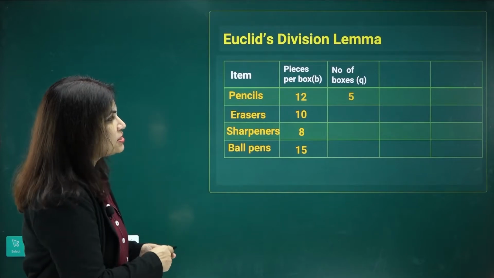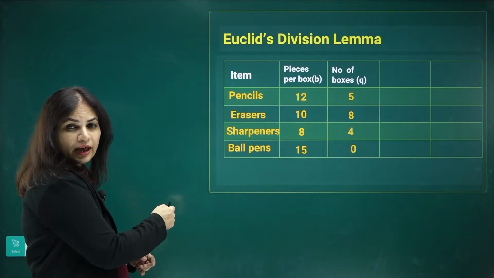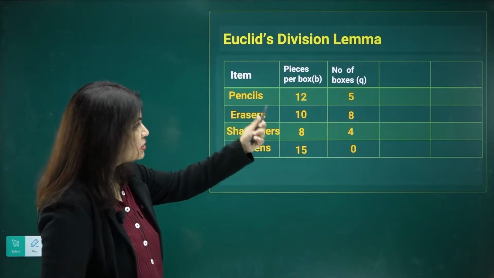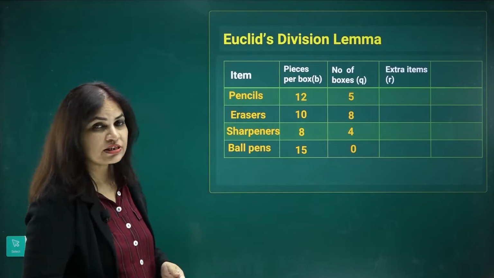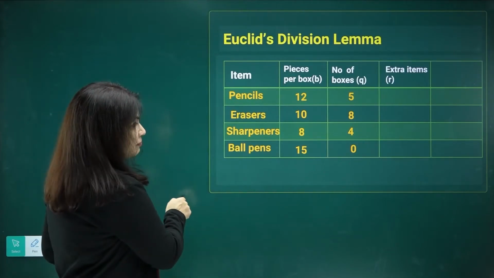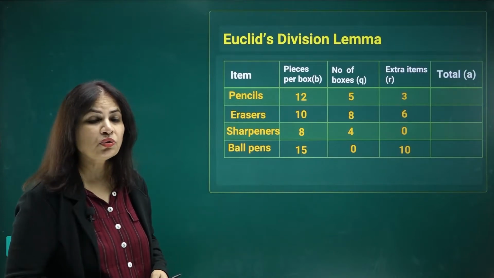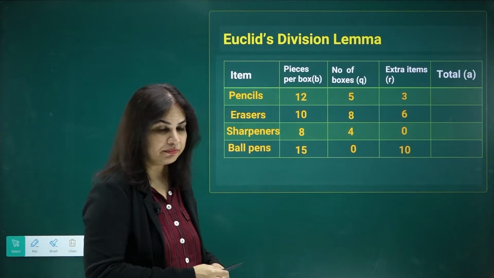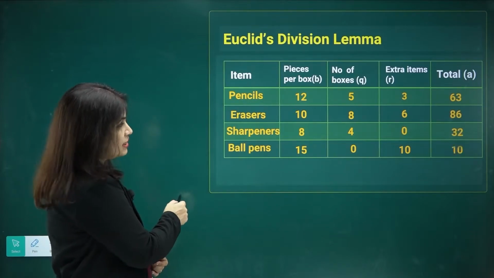Number of boxes 5, 8, 4 and 0, and let us denote the number of boxes by Q. Extra items by R and the total by A. So what do we see, that how did we get A?